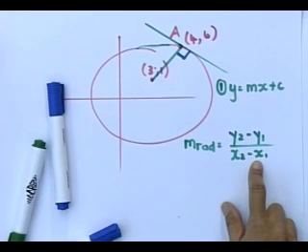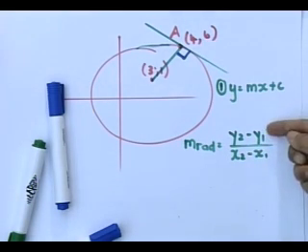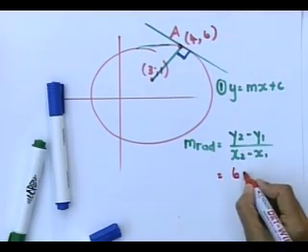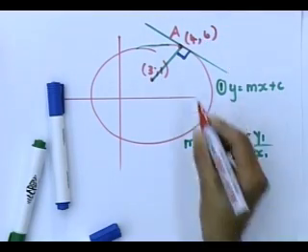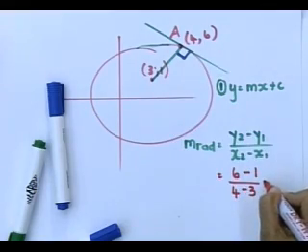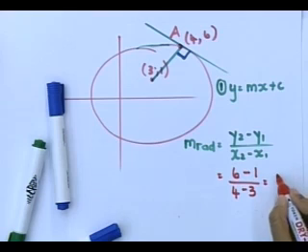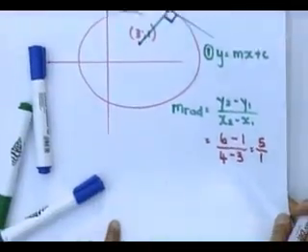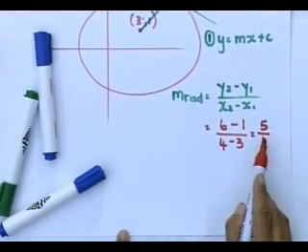Of course you can, as long as the x's are not on top. What is y2? It is 6 minus 1 divided by 4 minus 3. Grade 12s, I get 6 minus 1, which is 5. 4 minus 3 is 1. So that is the gradient of the radius.